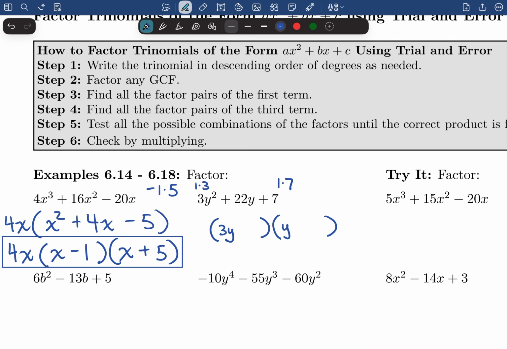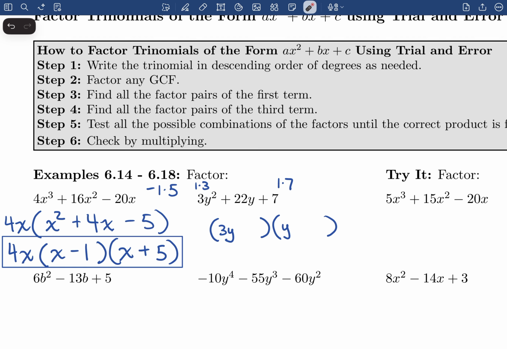Great. And now we are going to put the constant factors in these two spots. But we have to be very careful because we need the outer and inner terms to multiply and sum together to make this middle value, 22y.